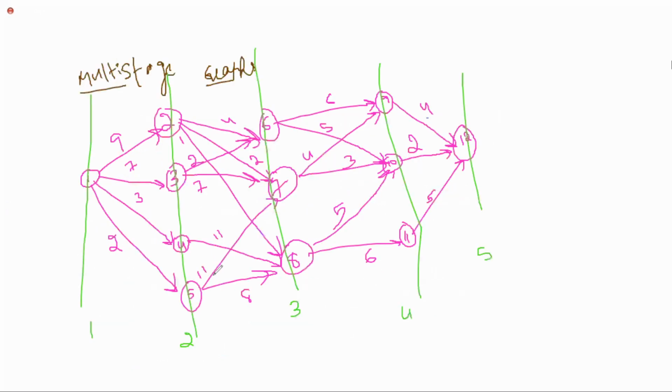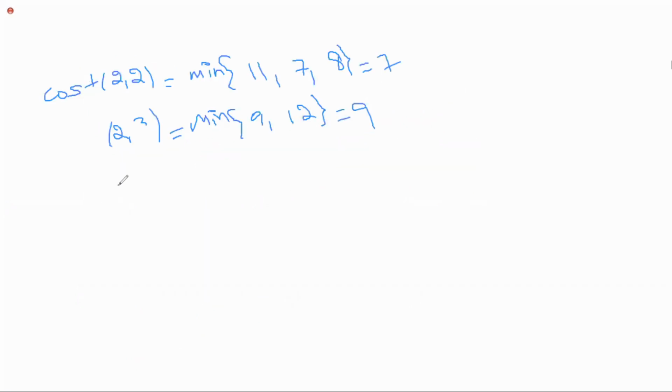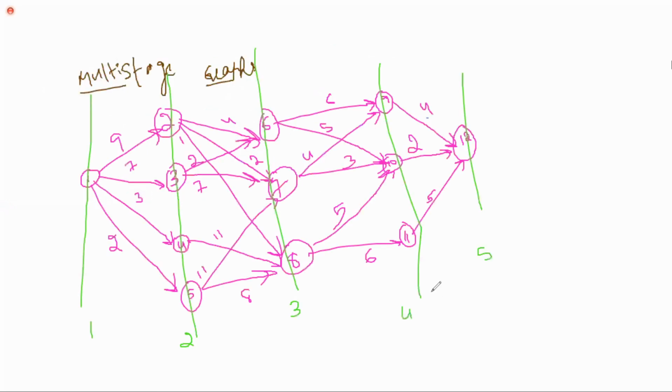Next, 5. 5 has 2 edges: cost of (2, 5), minimum of the 2 outgoing edges. So 11 plus cost of 7.